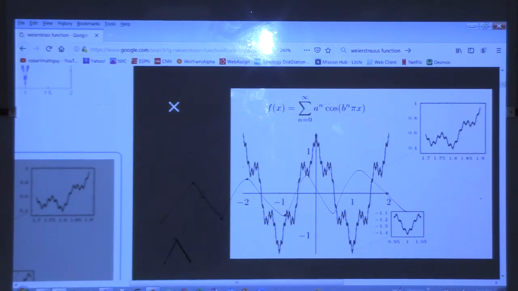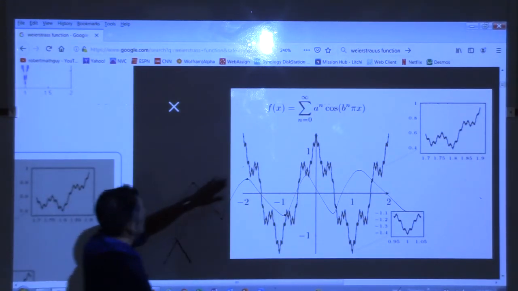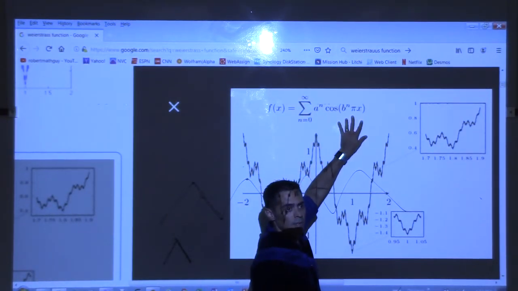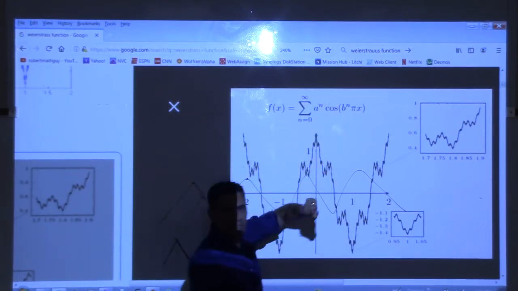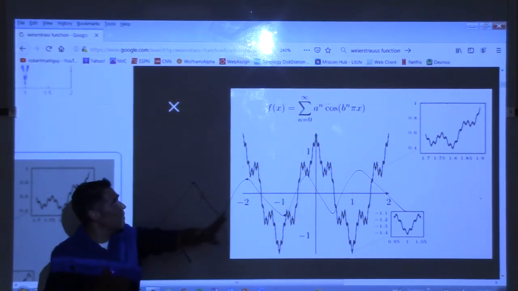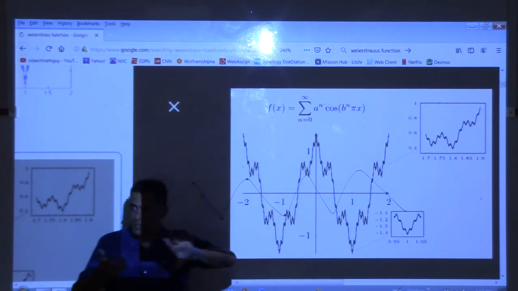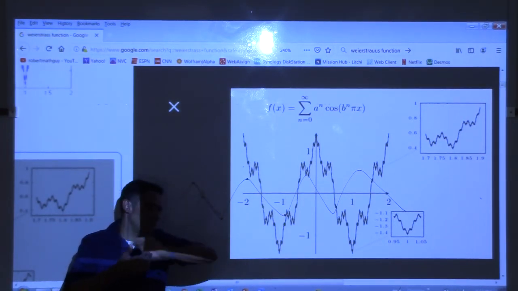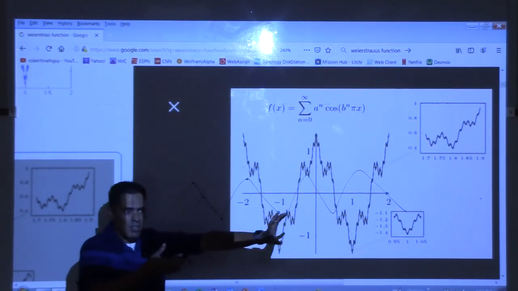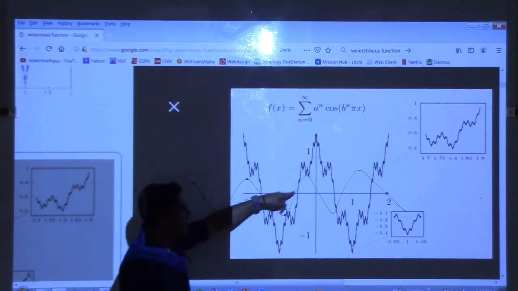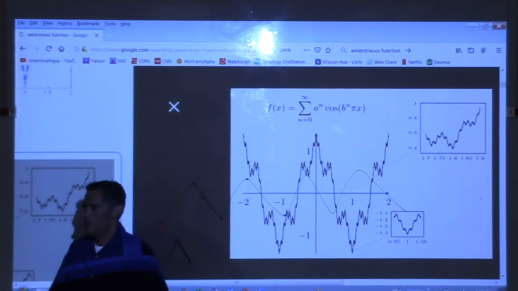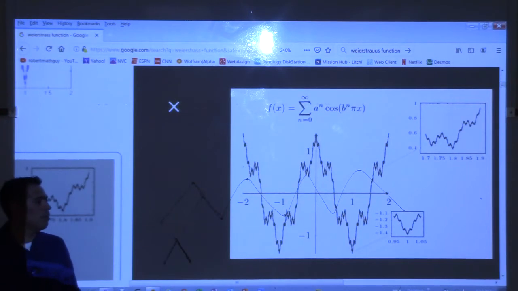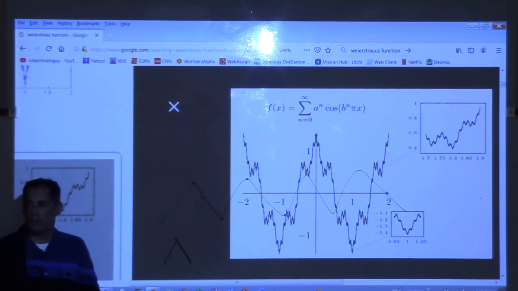It is the infinite summation of a bunch of cosine functions. To understand what this is, you have to take Cal 2, because in Cal 2 we talk about these things. These are called infinite series. So it is an infinite series of cosine functions that creates this drawing, and that is a function that is continuous everywhere and non-differentiable everywhere.